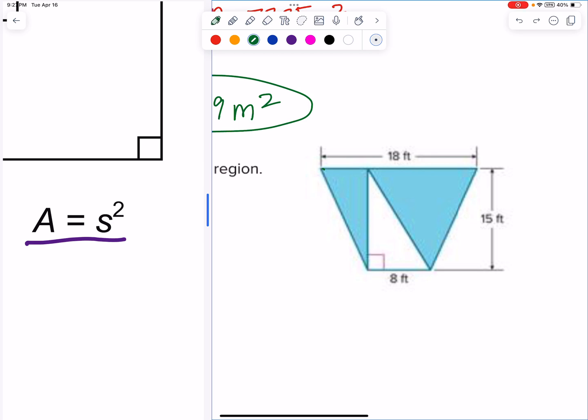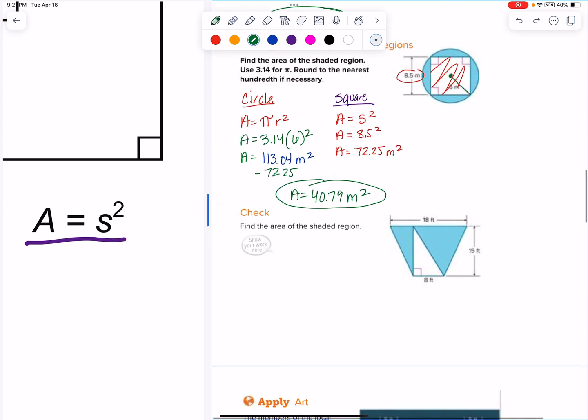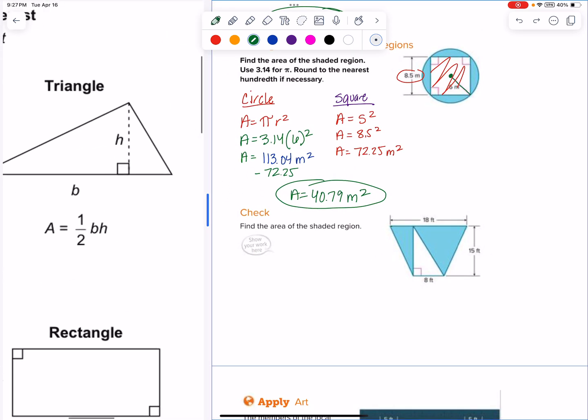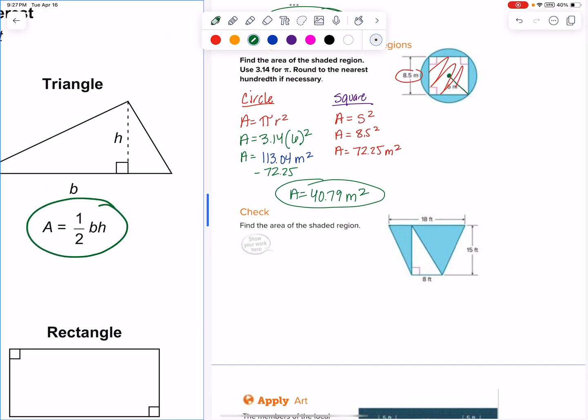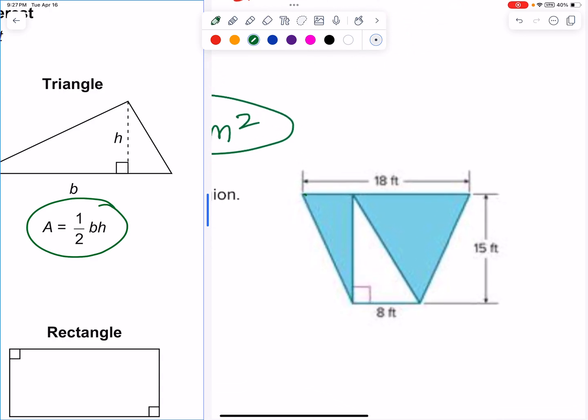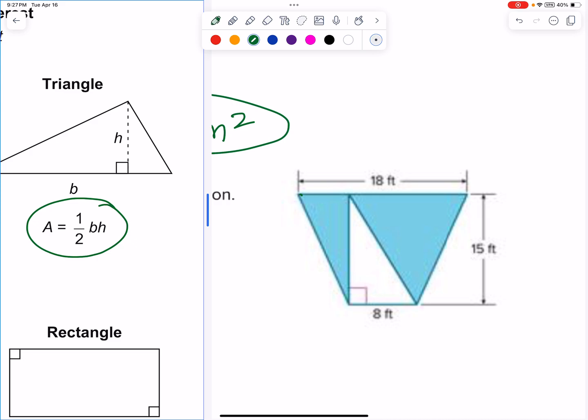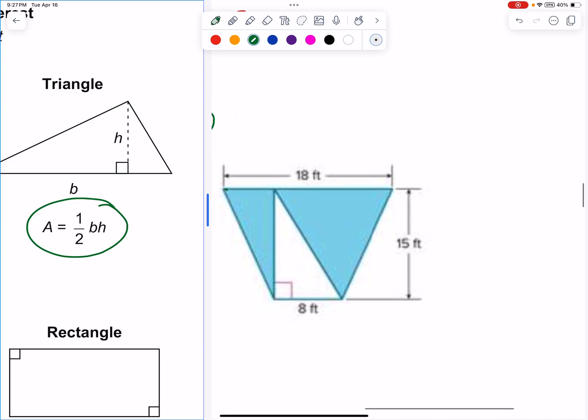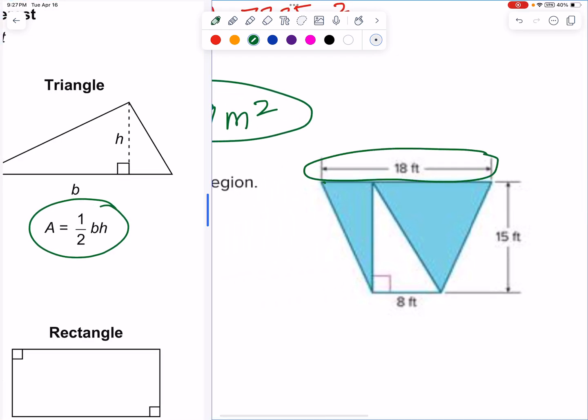If you can figure out the bases of everything, you really could just do 1/2 base times height. That's the area of a triangle. You could do that for both of those triangles if you know the bases of each one and the height of each one. I don't know if you can figure that out or not, only because we see the whole distance here of the 18.